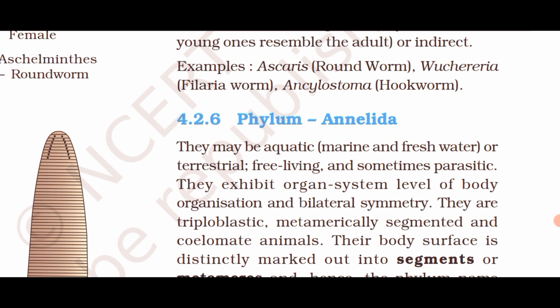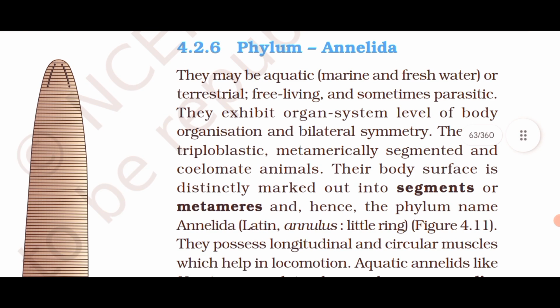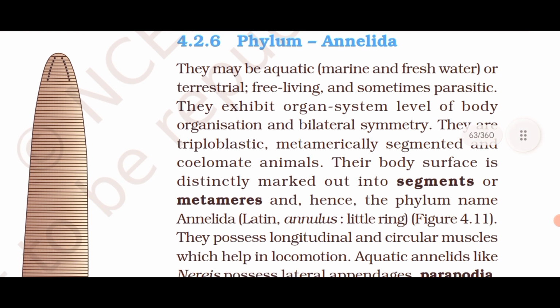4.2.6 Phylum Annelida. They may be aquatic, marine and freshwater, or terrestrial, free living, and sometimes parasitic. They exhibit organ system level of body organization and bilateral symmetry. They are triploblastic, metamerically segmented, and coelomate animals.